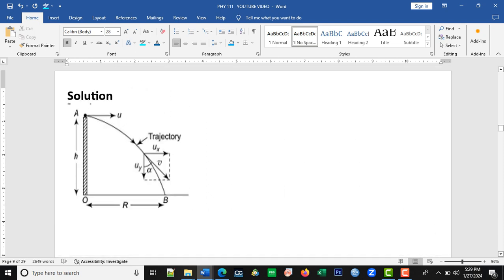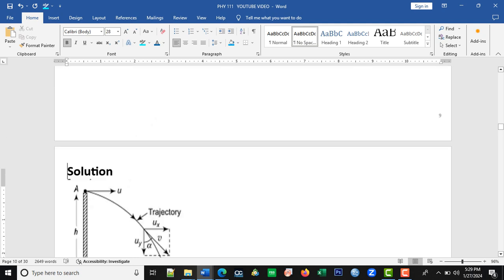So this is how the figure would look. h here represents the height, u given is the initial velocity in that problem, and r is the range.